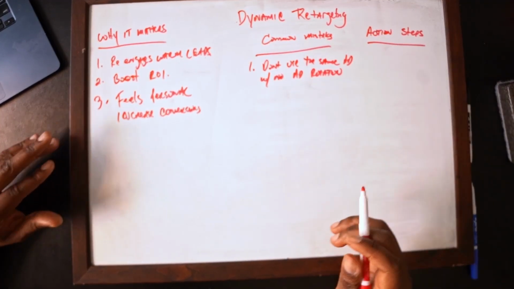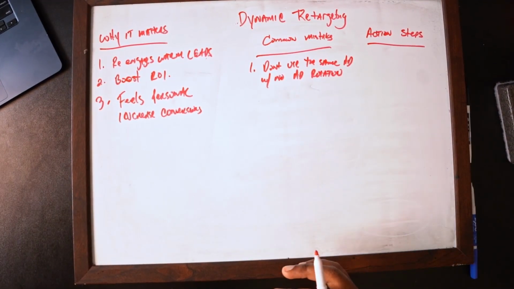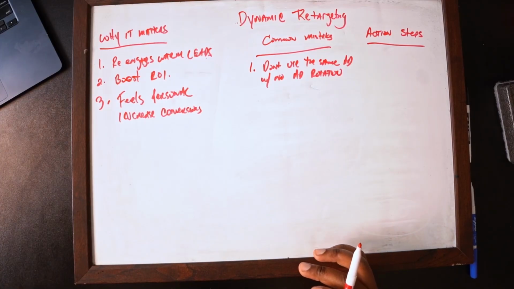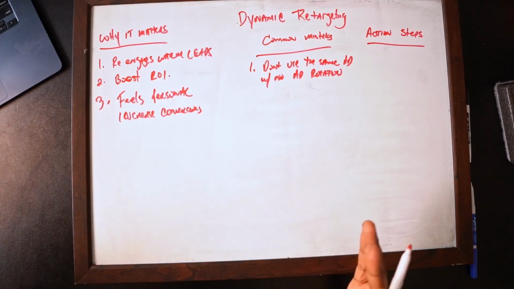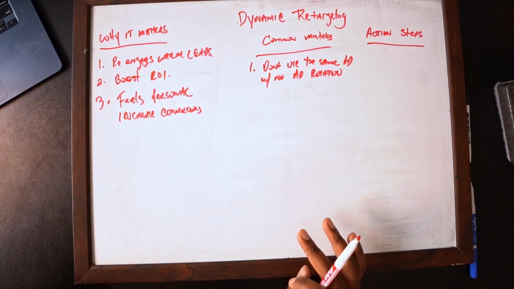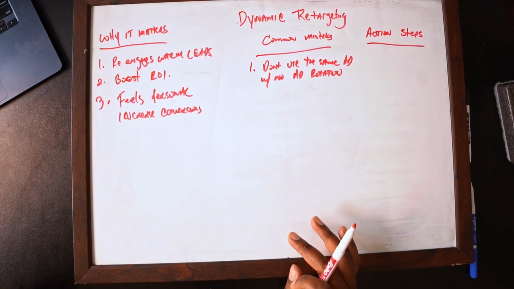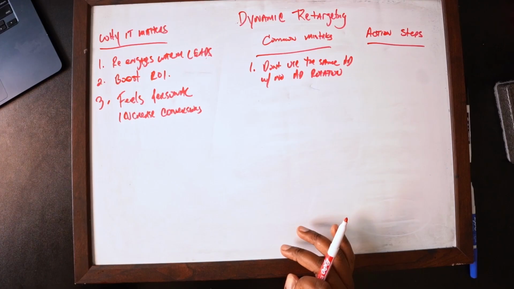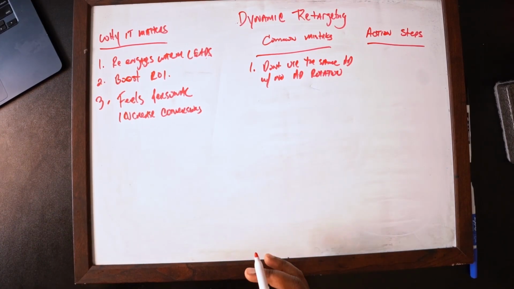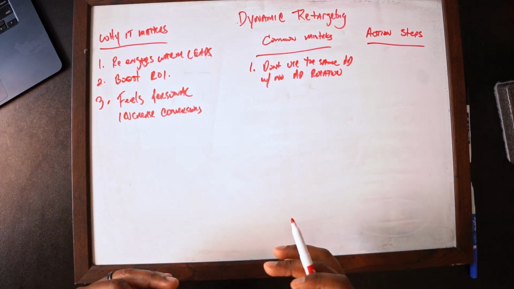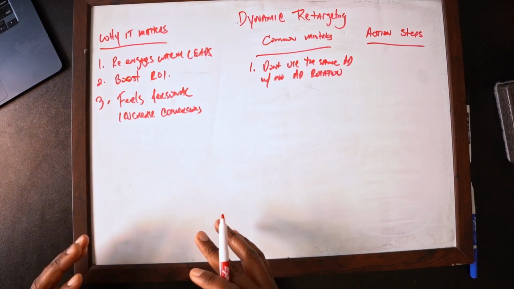Mainly, what this means is you don't want to burn out your audience by showing the same messaging. That is going to burn them out, and it's going to increase your ad spend. So you have to retarget the right people by using different audiences, by using the right retarget audience, with the right messaging. And you have to talk to them with a different ad rotation. Don't use the same ad.